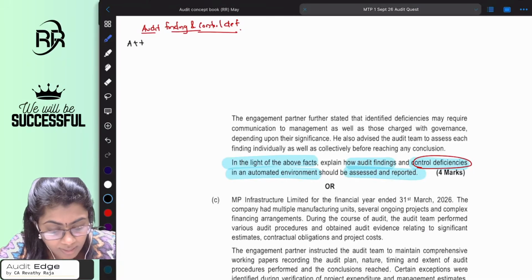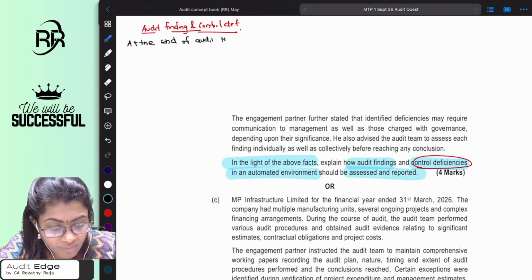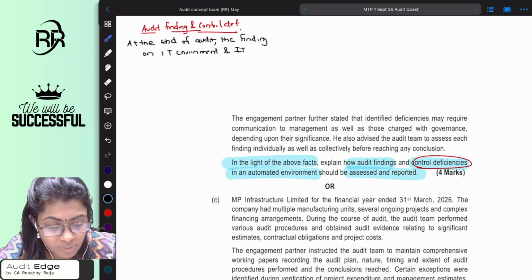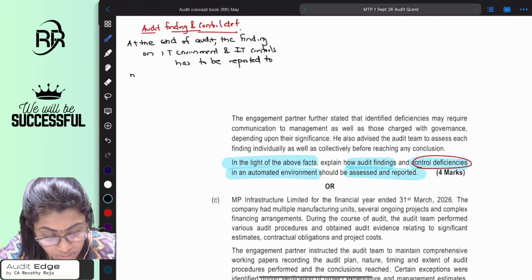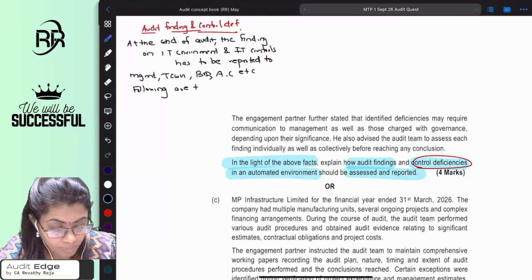So at the end of audit, end means conclusion of audit, the findings on IT environment and controls have to be reported to management, TCWG, board of directors, audit committee, etc. Following are the points.